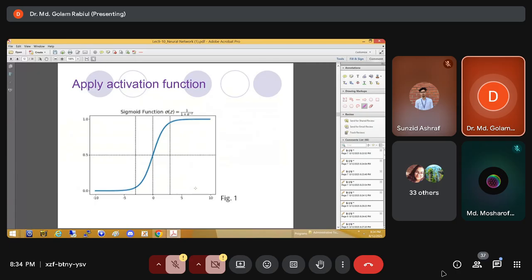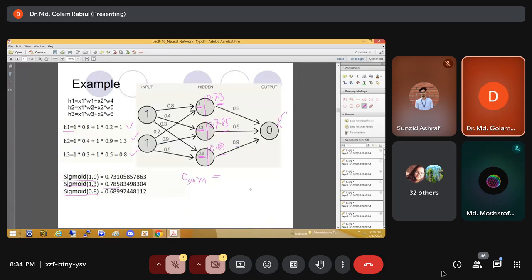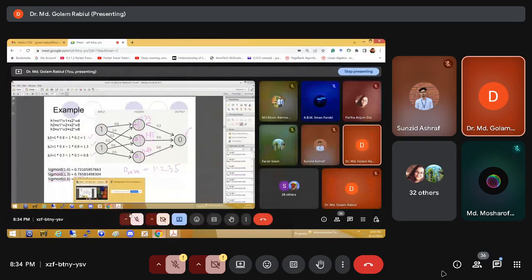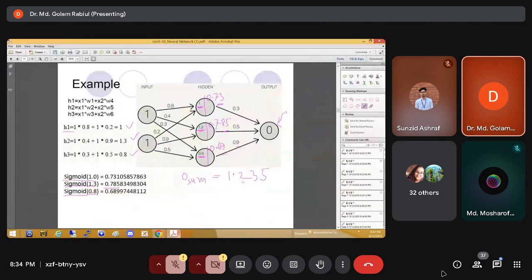We calculated the output sum here, and the output sum is 1.235.